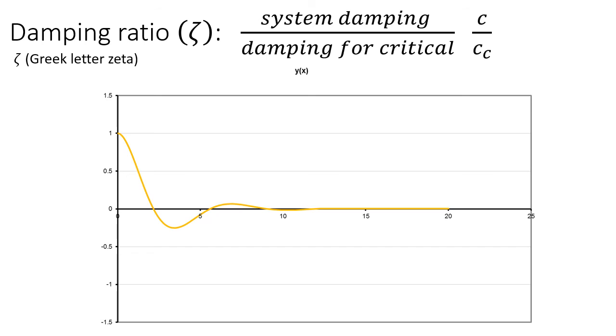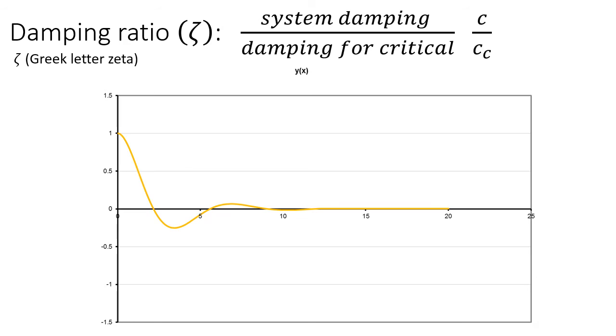An important term in classifying how our system is going to respond is the damping ratio, and we give that the Greek letter zeta. The damping ratio is simply the amount of damping in our system divided by the amount of damping needed to give us a critical response. So if we look at the system we've got here, the yellow line, we've got an oscillation, so we know that it's underdamped.